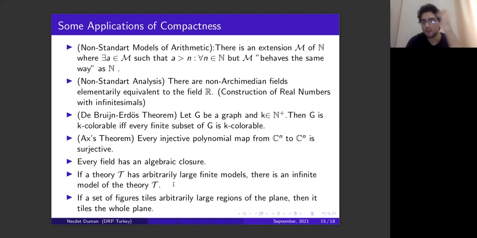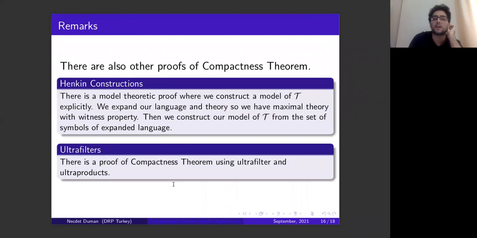So yes, there are three remarks I want to make. First of all, we proved the compactness theorem by treating it as a corollary of the completeness theorem, but there are other proofs too. One is a more model theoretic proof called the Henkin construction, where we start with a theory, and we add every sentence we can write or its negation to our theory. So our theory is huge now.